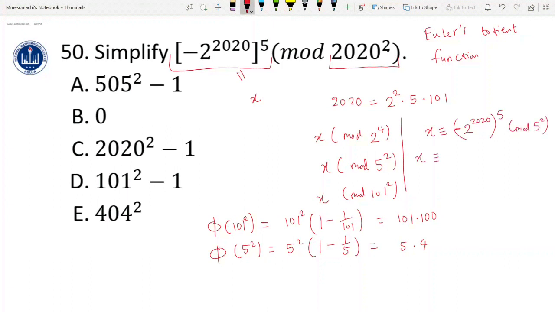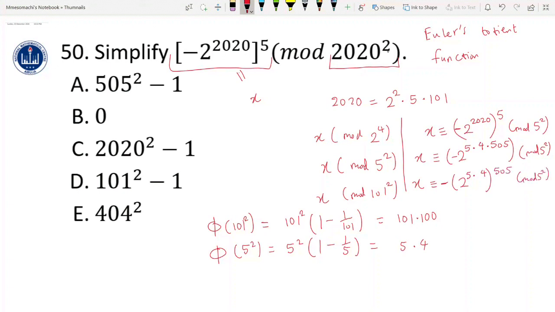This is the same thing as negative 2 to the power of 5 times 4 times, so I'm just splitting this power of 2020, times 505, mod 5 squared. And this is equivalent to negative 2 to the power of 5 to the power of 4 to the power of 505.